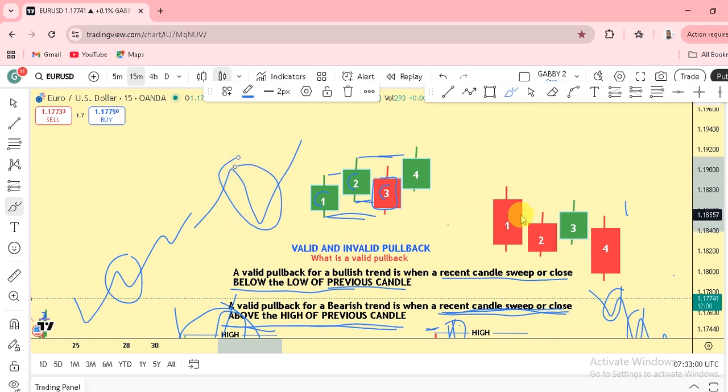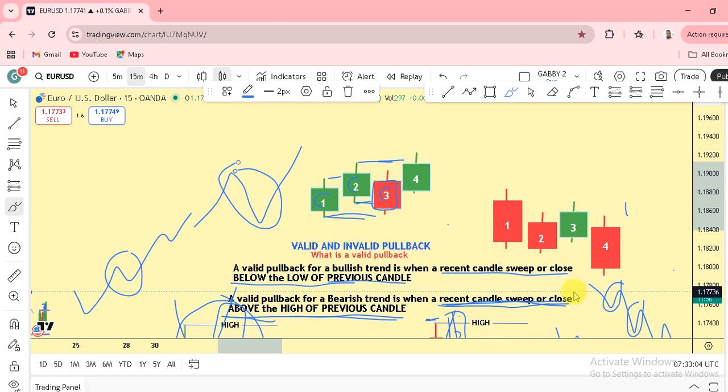So let's look at a bearish scenario. Remember, in a bearish trend, when a recent candle closes above the high of the previous candle, we can say we have a valid pullback. This is our candle one, our recent candle right now.